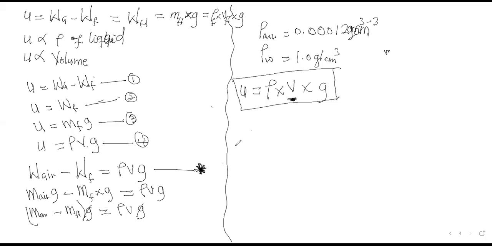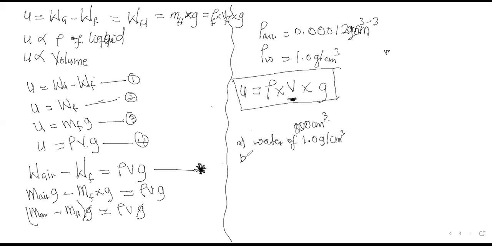An iron cube of volume 800 cm cube. So the volume of the iron cube is 800. Is totally immersed in A, water of density 1.0 gram per cm cube.